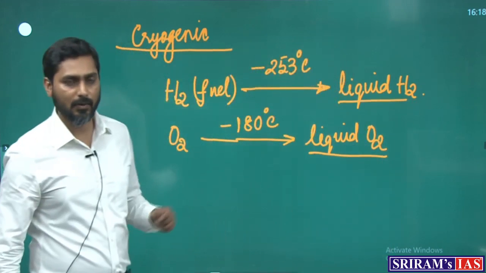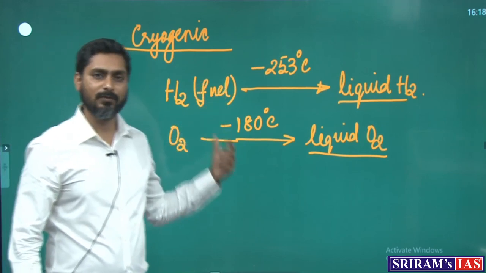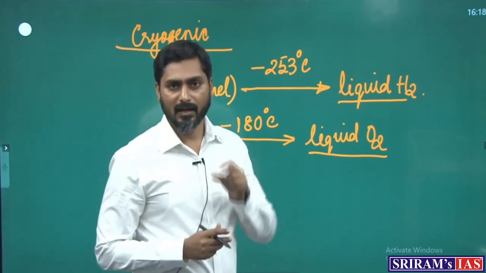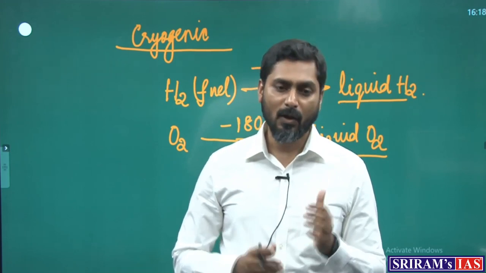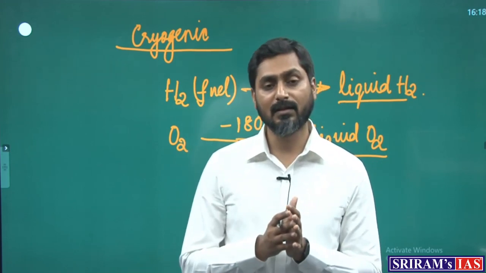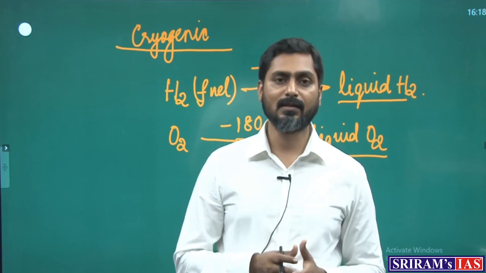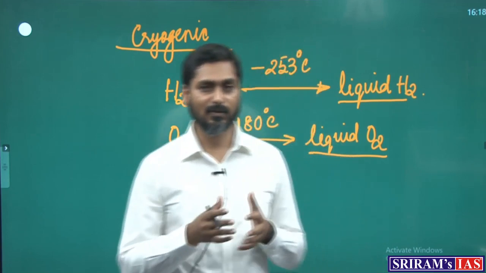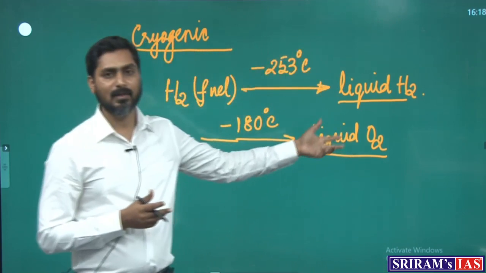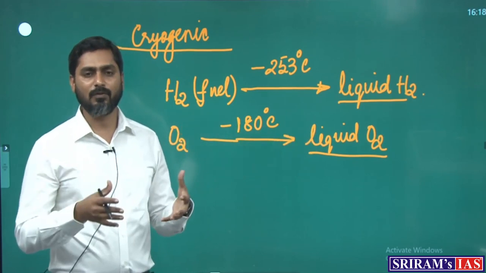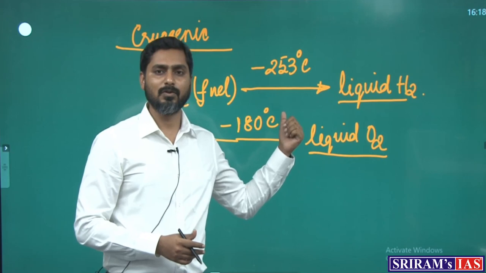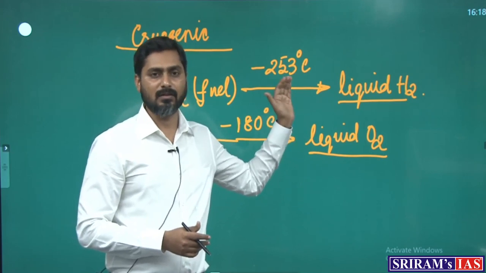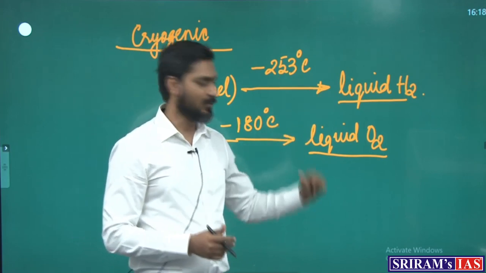So we are taking both the fuel and the oxidizer at cryostate, where they become liquefied, their volume drastically decreases and their energy density drastically increases. That is why, when they combine and burn, they produce a lot of hot exhaust gases that are thrust out, producing a lot of thrust. That is the biggest advantage of cryogenic.